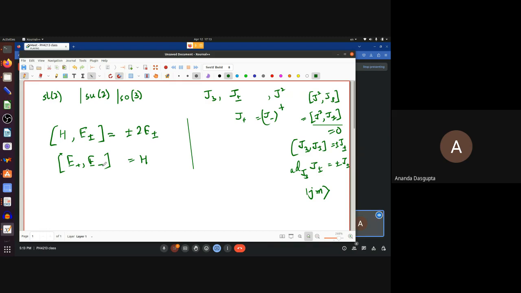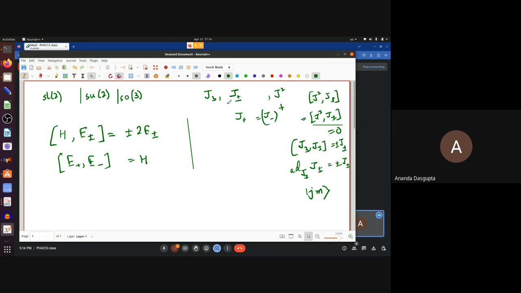By the way, you can easily recognize what these operators would be in an SU2 context, right? How would they be related to these J3, J plus, J minus? What would the relation be? These operators H and E plus minus are not new operators.